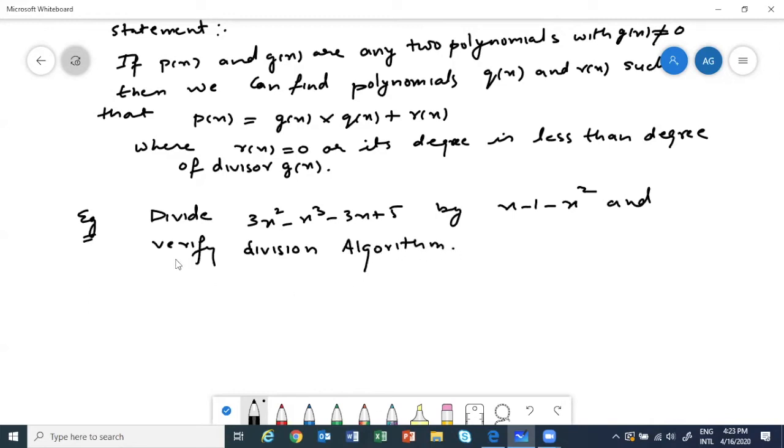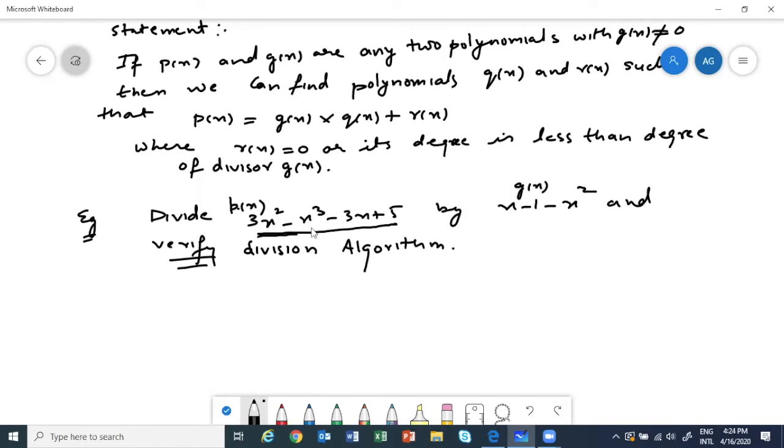We have to verify. First we'll divide. So this one is our p(x) and this is our g(x), because this one has higher degree, and also it is given divide this one by the other one. So we have p(x) and g(x), right? Now, is p(x) in the correct form?